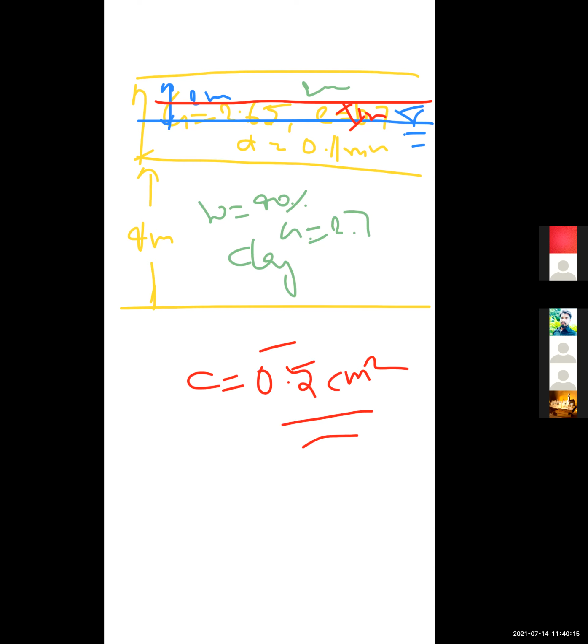First, we have to find gamma saturated and gamma dry for clay, gamma dry for sand, gamma saturated for clay, gamma saturated for sand also.